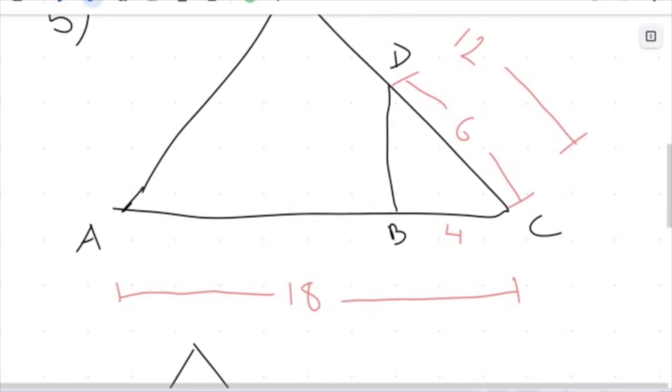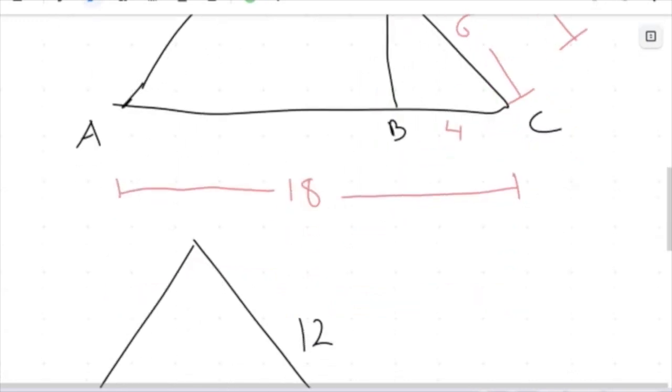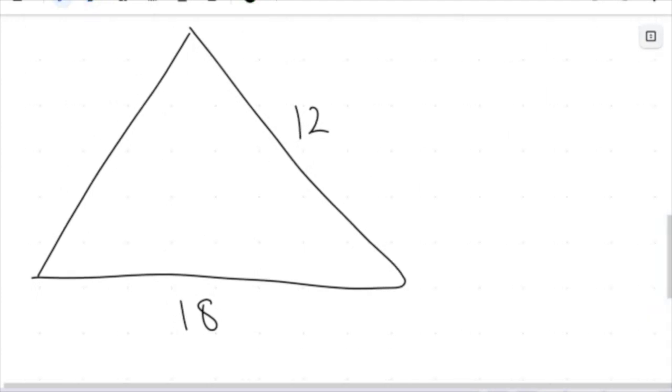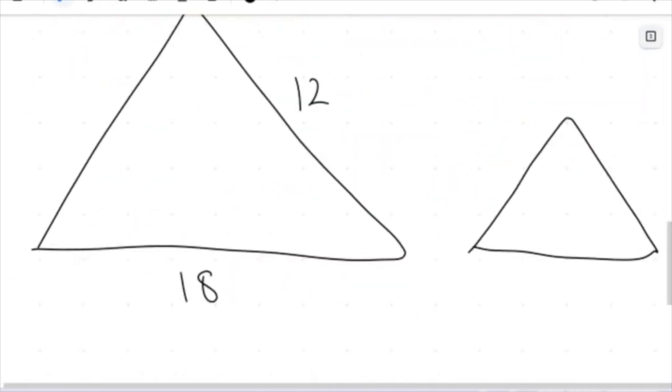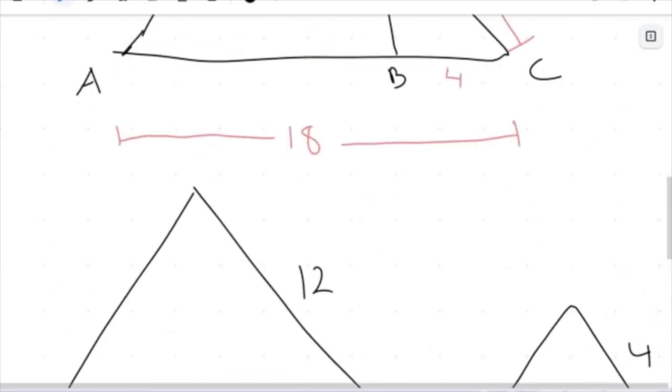So what I'm going to do is transform this one. If we think back to last year's content with our different types of transformations, I'm going to rotate this so it is in the same orientation as my big triangle. And the side down here is going to end up being 6, and this side is going to be 4.